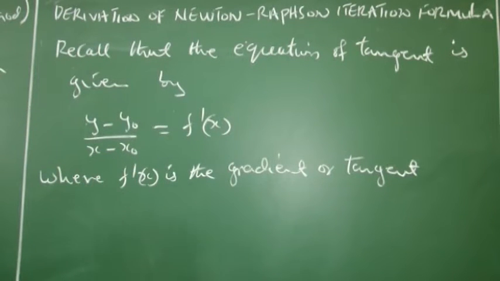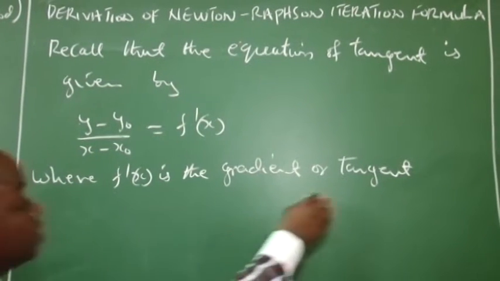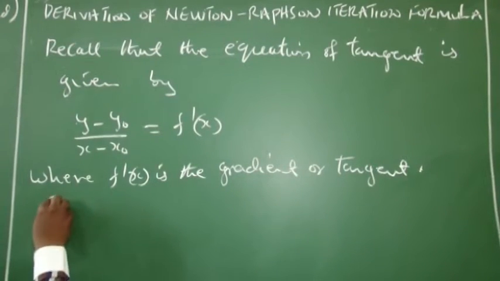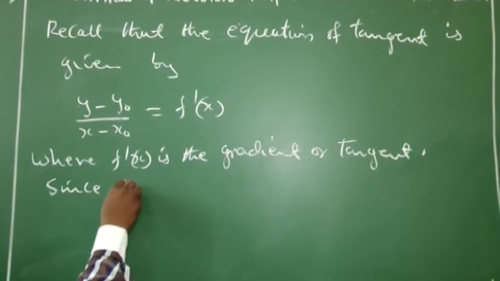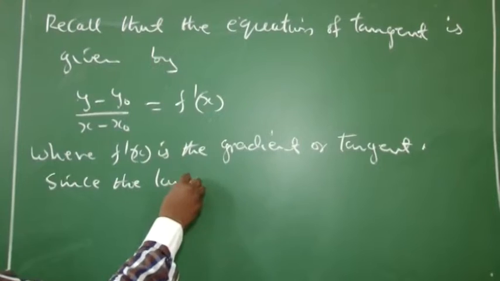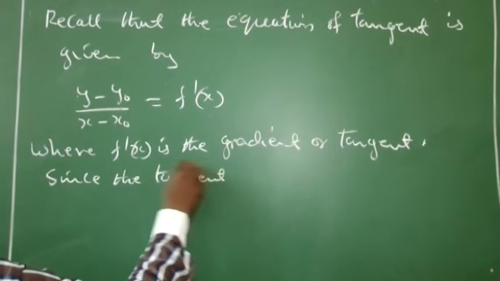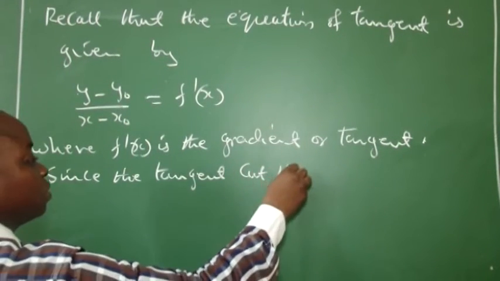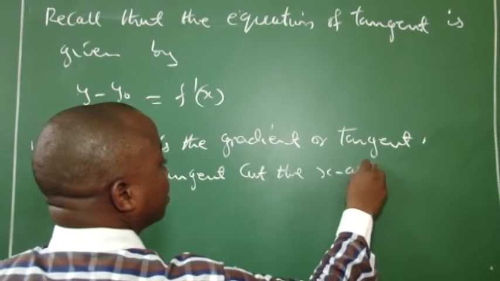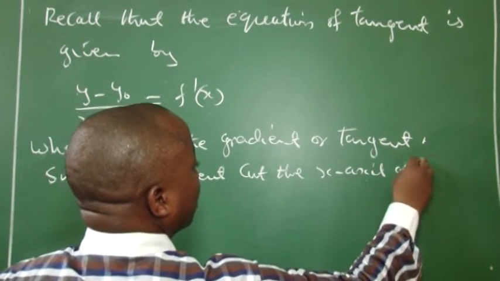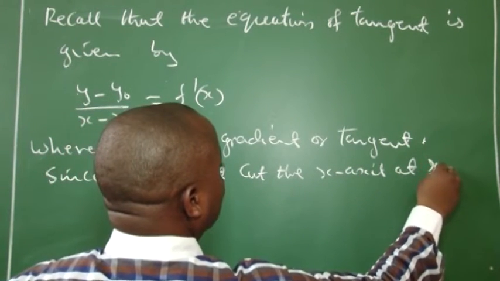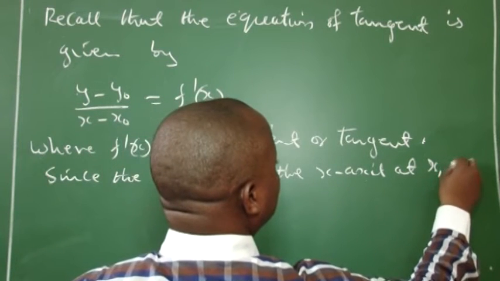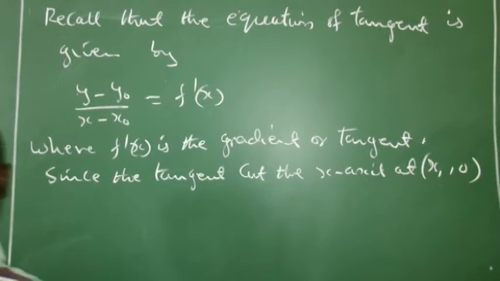Now, since the tangent cuts the x-axis at x1 and 0, look at it.